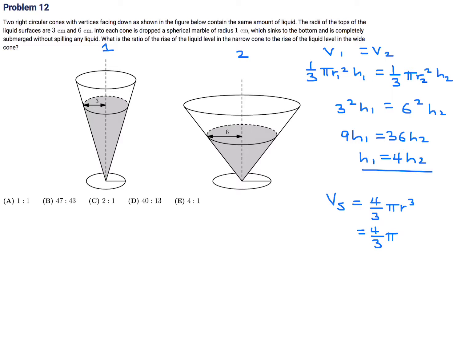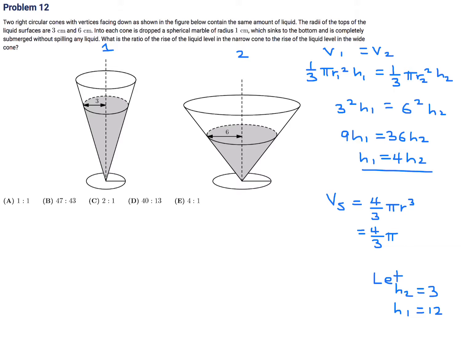So let's just give some values for h's. I'll let h2 equal 3, and therefore h1 can equal 12. It doesn't really matter, as long as we abide by those rules, we should be fine.